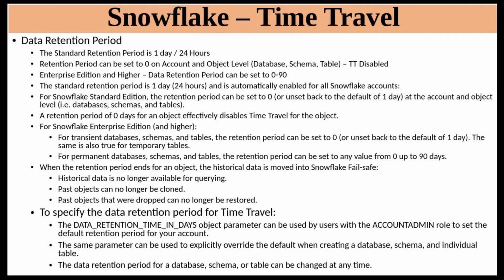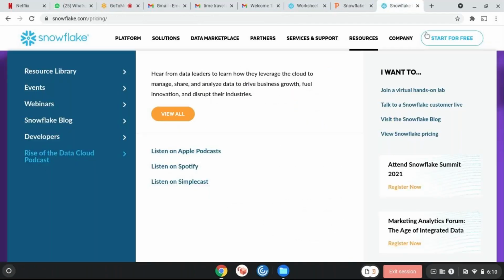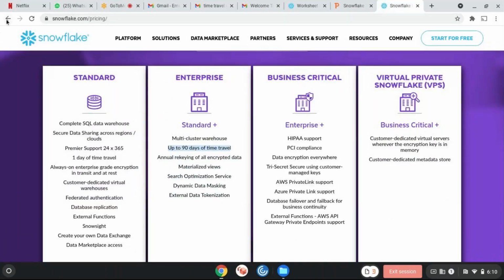For standard edition, you can do only time travel of 24 hours. That is the standard. See, standard edition has 1 day of time travel. Can you see here? And from enterprise onwards, up to 90 days of time travel.